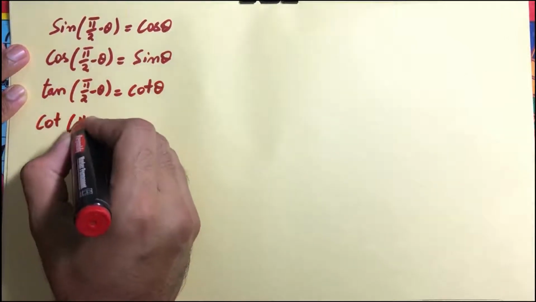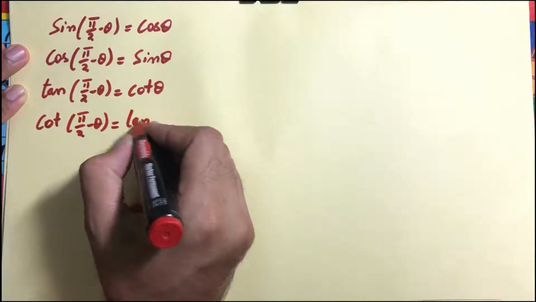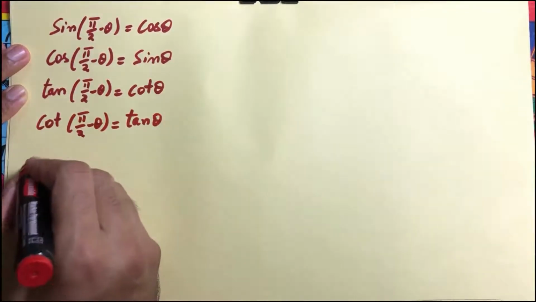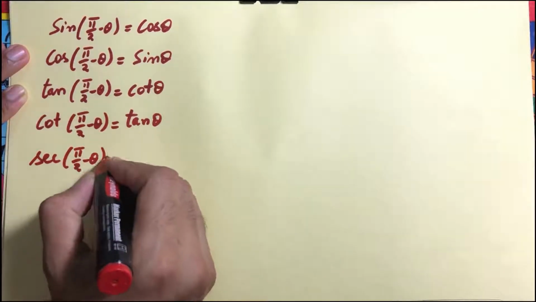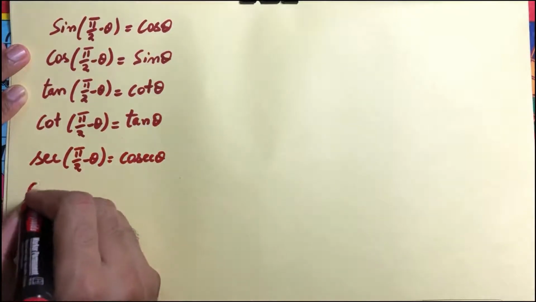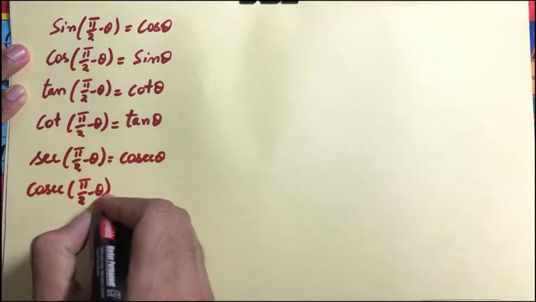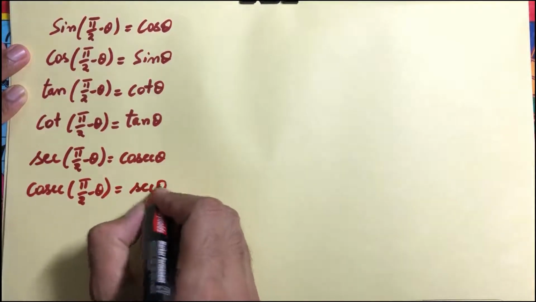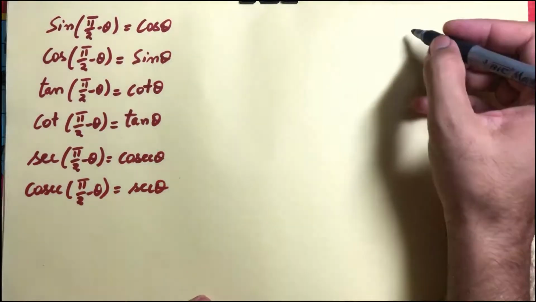Cot of pi by 2 minus theta is tan theta. Secant of pi by 2 minus theta is cosecant theta, and cosecant of pi by 2 minus theta is secant of theta. Now to prove this result, we again have a diagram.